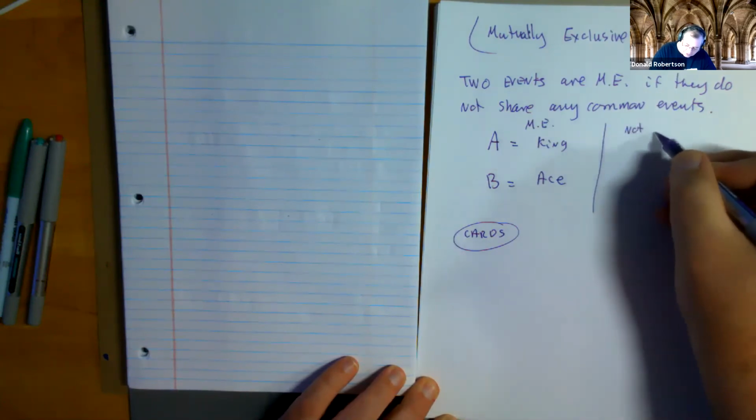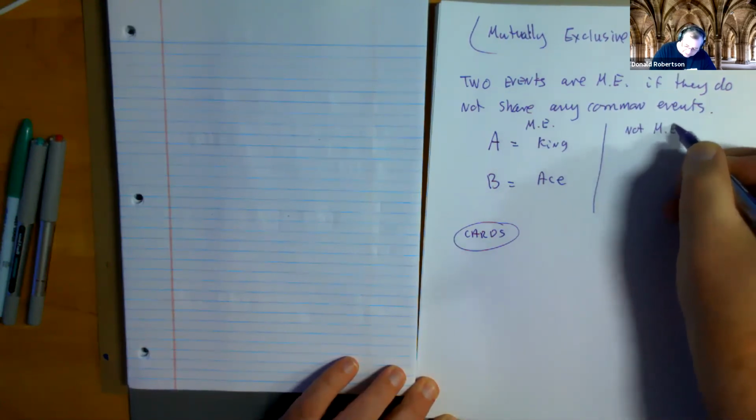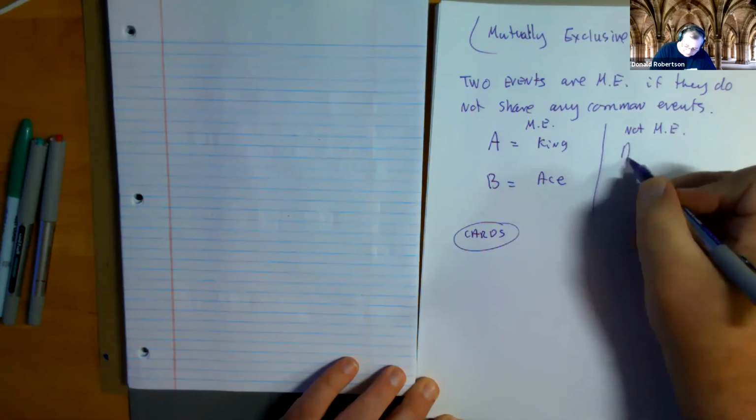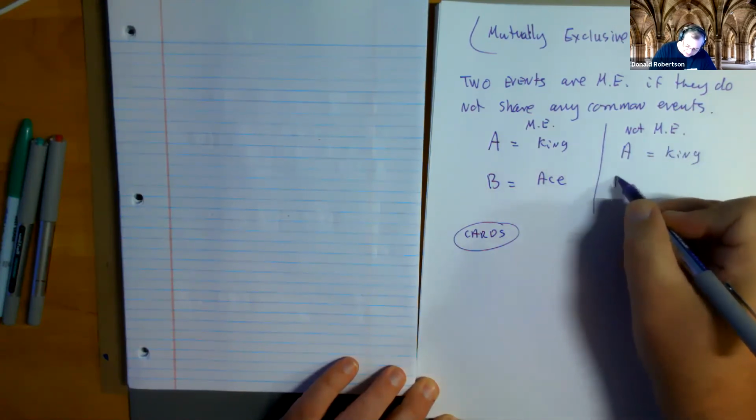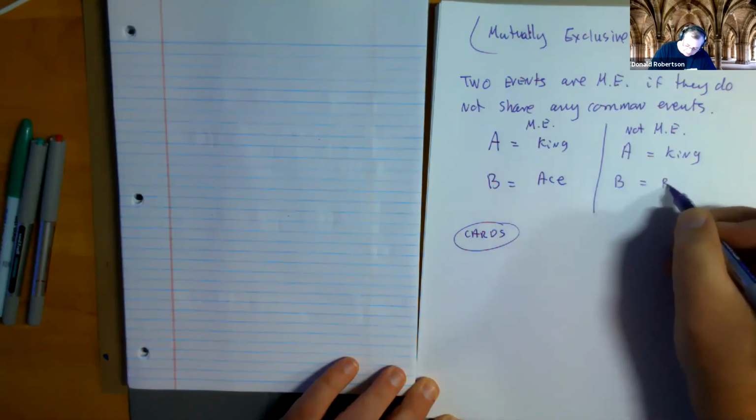Here are two events that are not mutually exclusive. A is a king and B is a red card. Now, why are they not mutually exclusive? Well, aren't some kings red? In particular, the King of Hearts and the King of Diamonds.